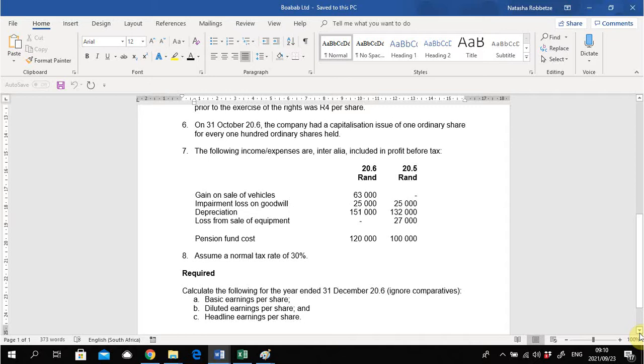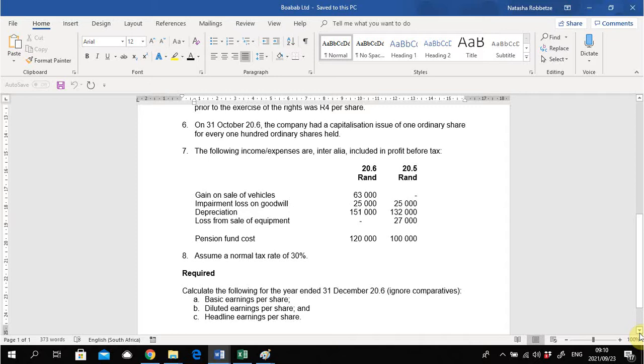Loss on sale of equipment will definitely be added back, as it's an excluded item for headline earnings. However, it is 0 in the required year, 2006. And then they've also given us pension fund costs, which are of course included, and we will then not add back that item when we calculate headline earnings.